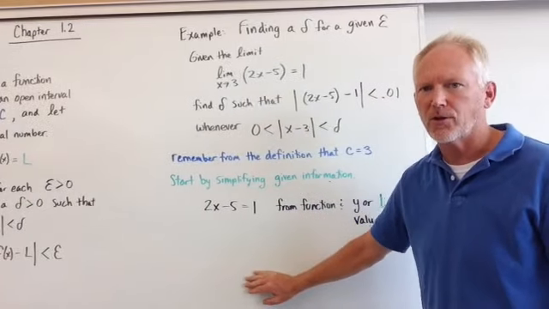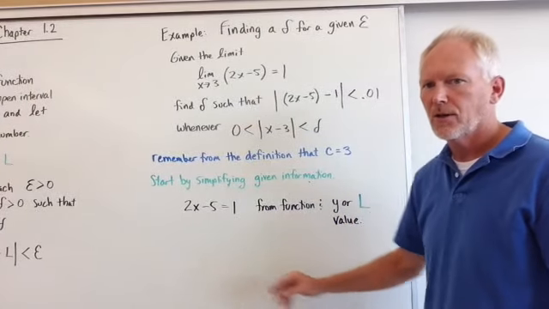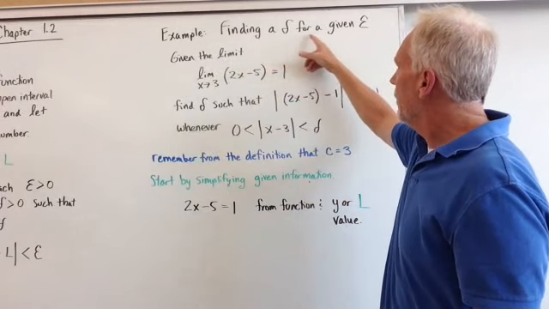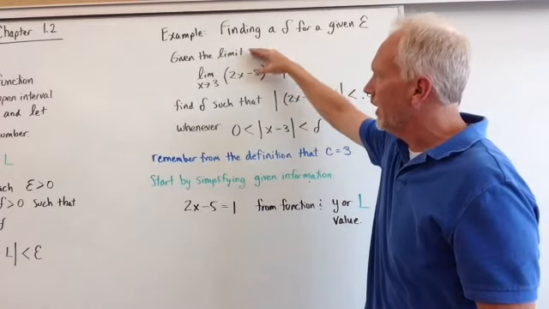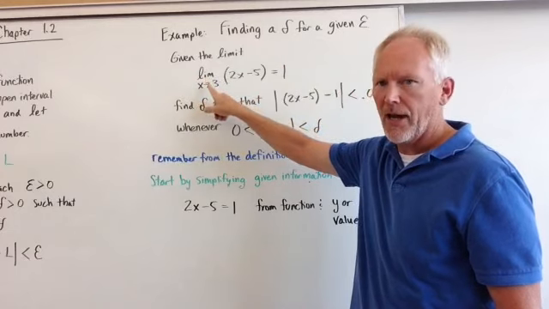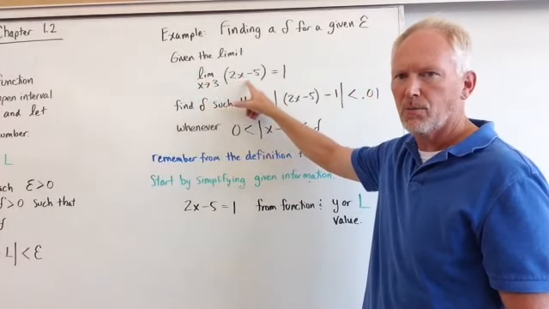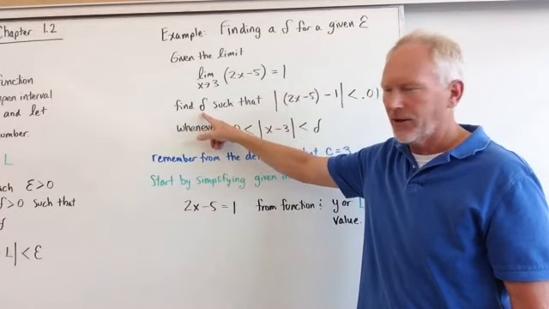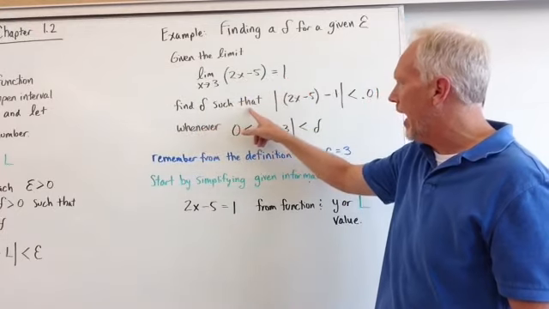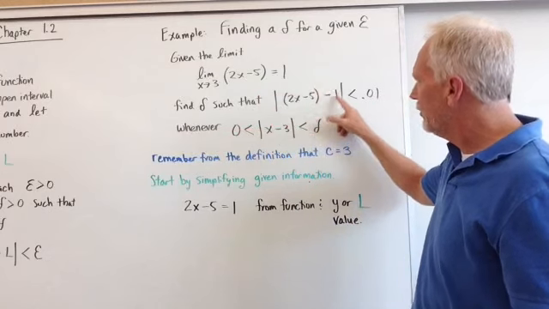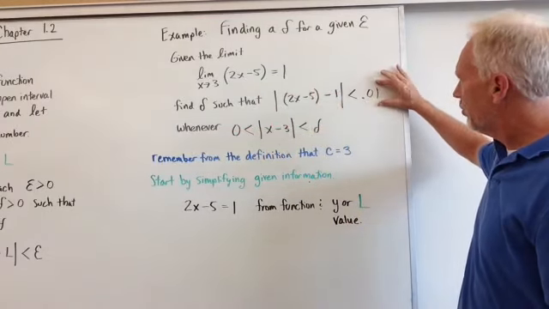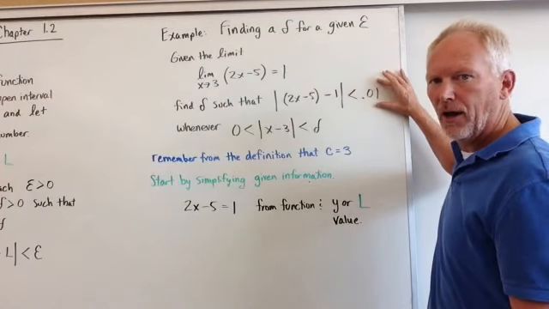So this first example is finding a delta for a given epsilon. We're given the limit as x goes to 3 of 2x minus 5 equals 1. Find delta: find a number such that the absolute value will be within 0.01 of our L value.